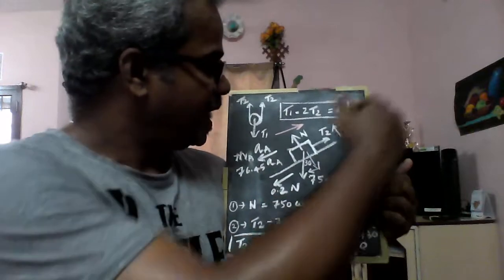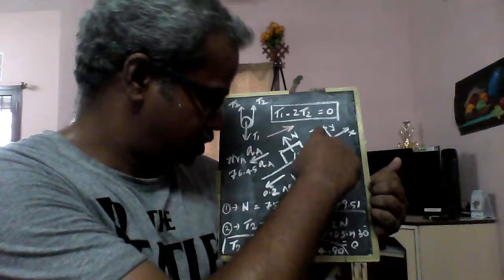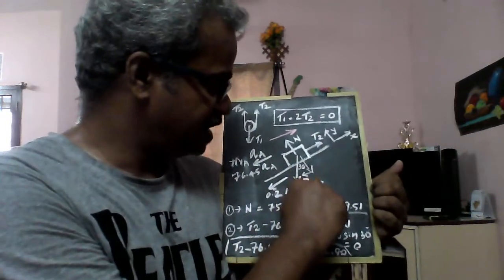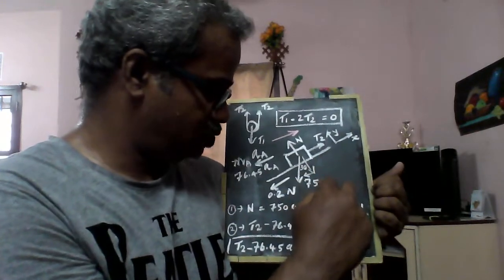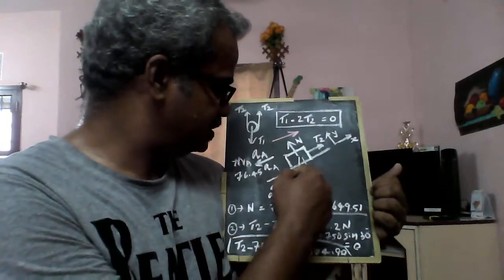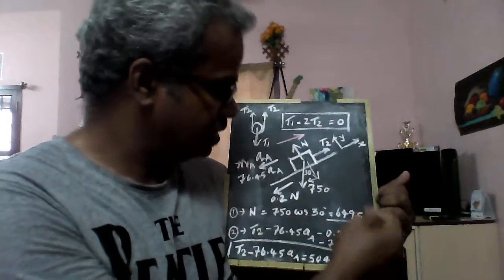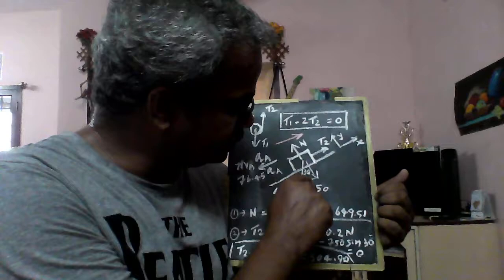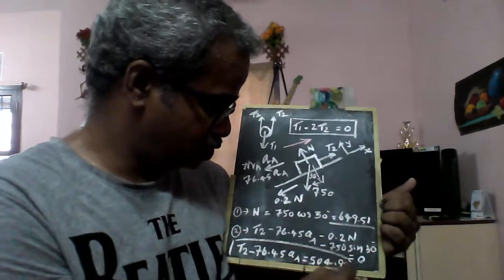Then I can equate horizontal forces equal to 0, that is T2 minus 76.45 AA minus 0.2 N minus the decomposed force 750 sin 30, equal to 0.